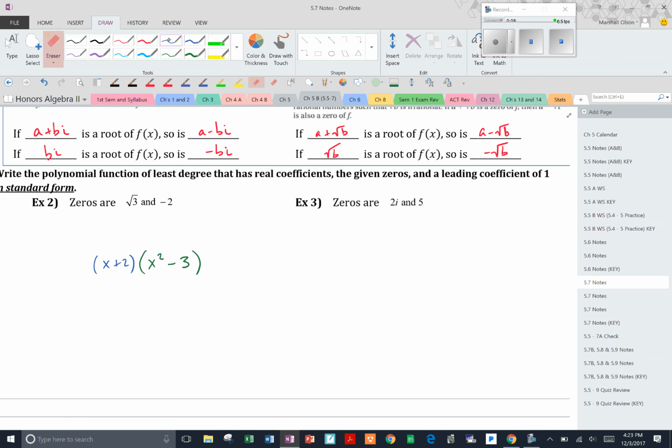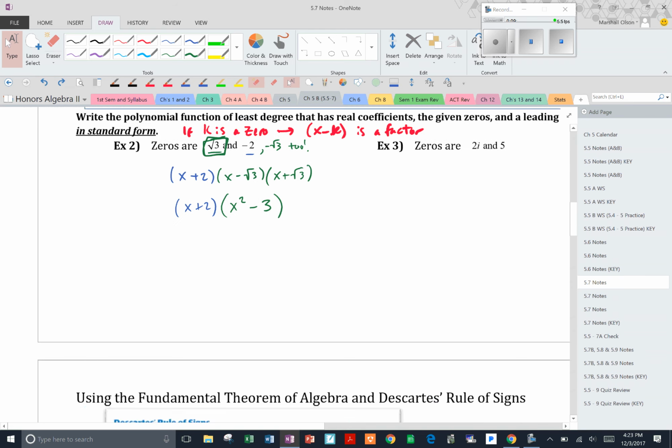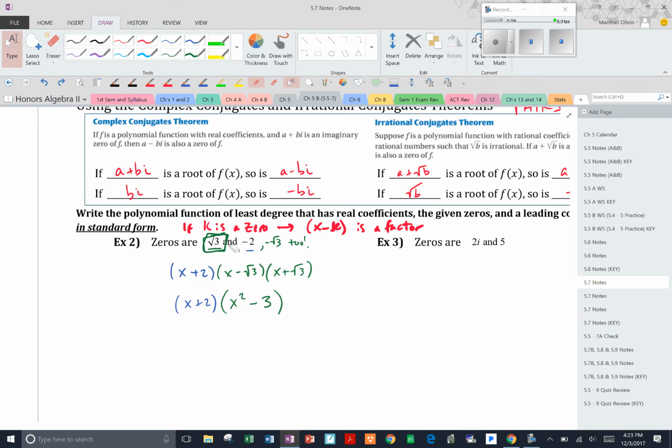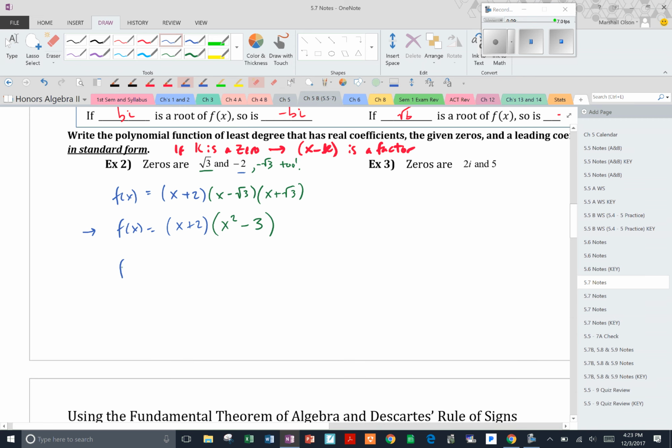Although it's probably a good idea, I'm going to put my f of x equals right away so that we don't forget. Actually, let me put that stuff back up here on the screen because I think it's a good idea to have that in our final answer when we're done. But I wouldn't care if you just started with what I have as my second step right here. All right, let's distribute that out.